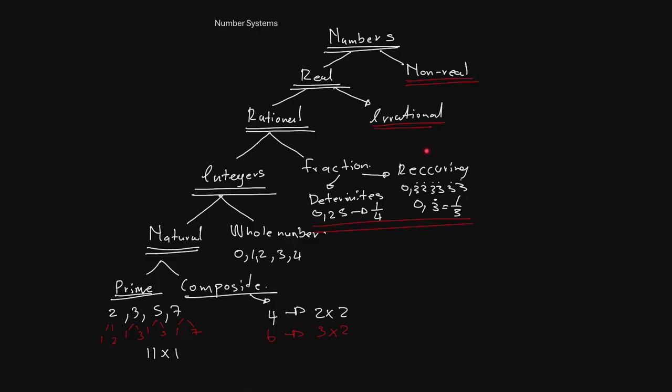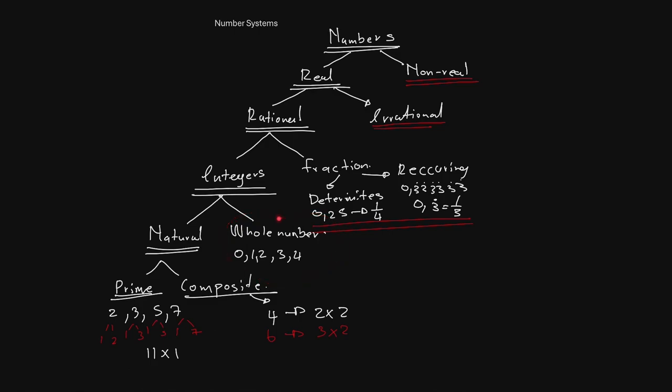After that, we said integers can be divided into two groups, which are natural numbers and whole numbers. Natural numbers are whole numbers, but we start from 1. And whole numbers are natural numbers including the 0.